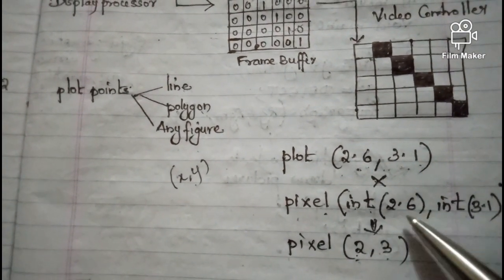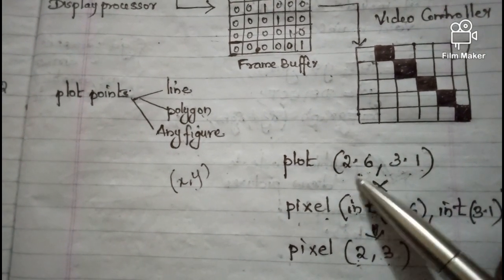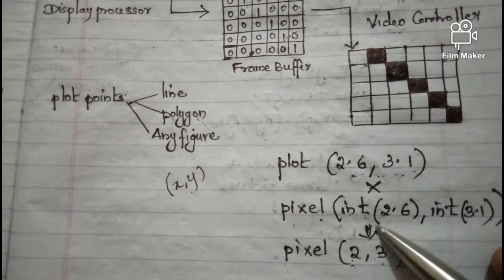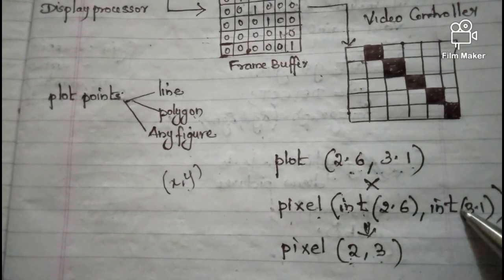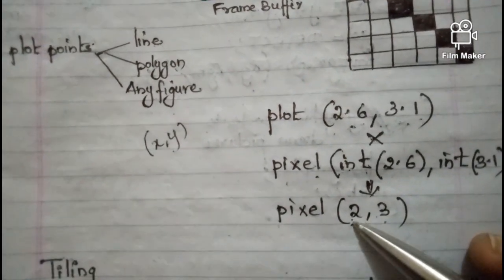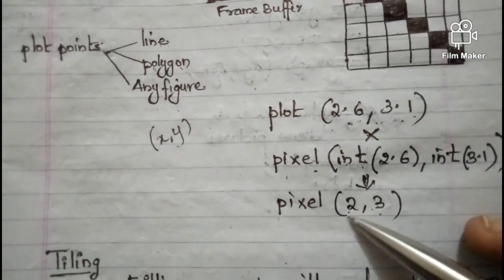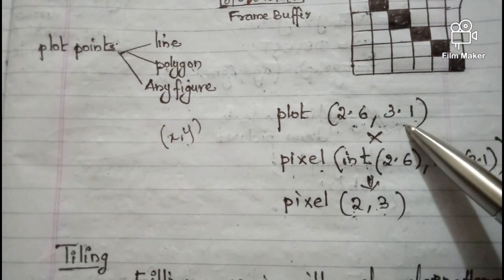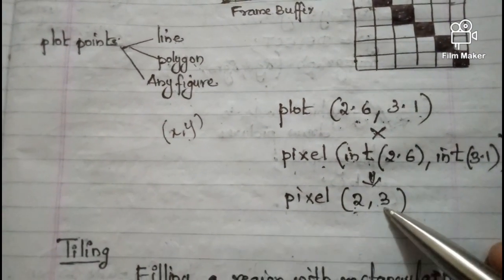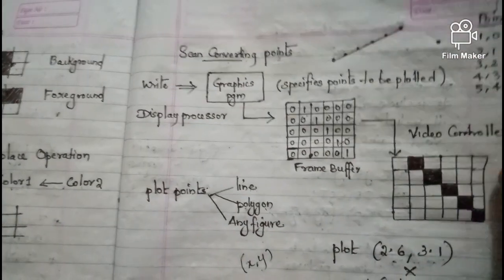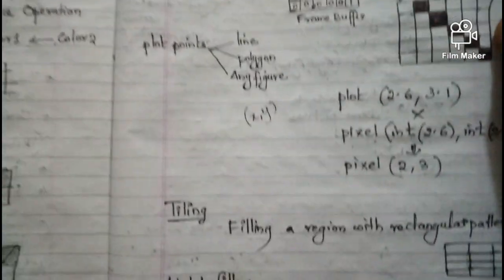So even if you are specifying a floating point value, using type conversion, we can obtain the integer value of those arguments, and the final pixel will be 2, 3. That means you cannot plot floating point values. Arguments always have to be in integer format. Okay, so this is all about scan converting points.